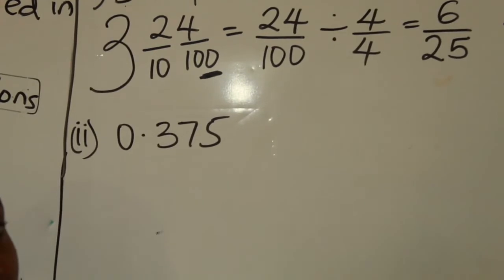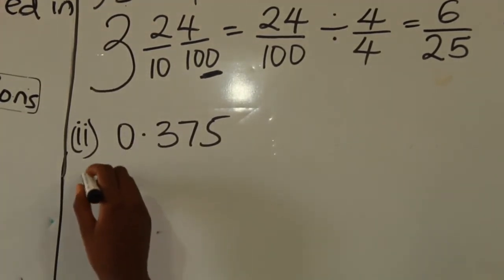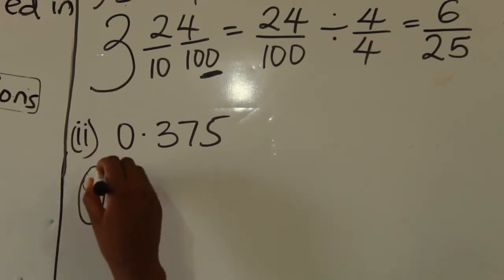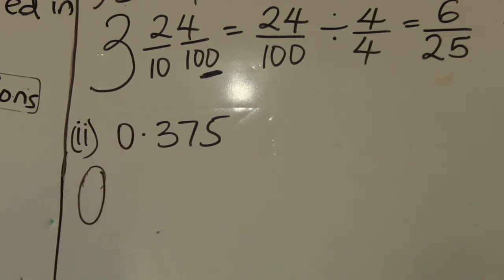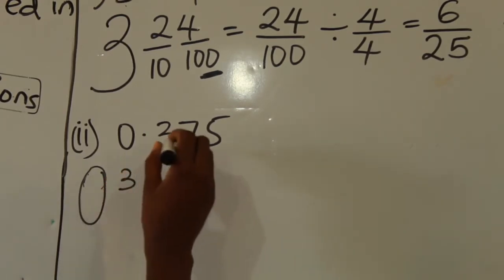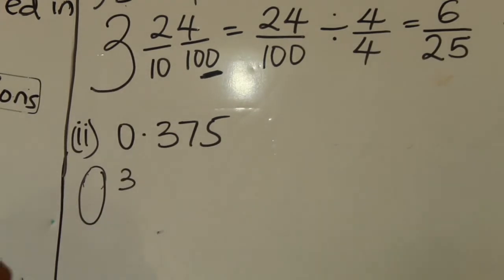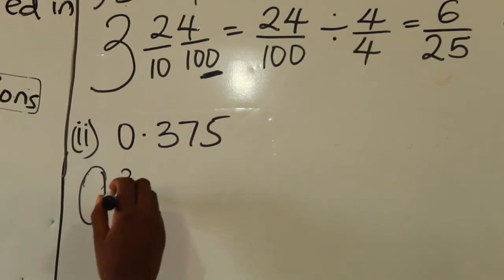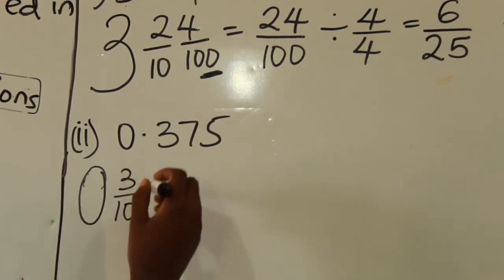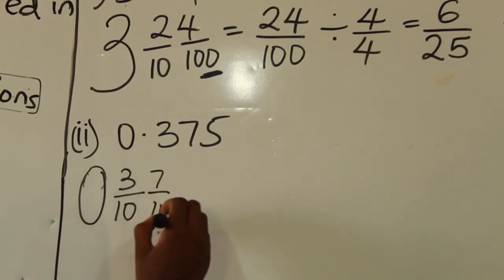0.375. Using our place value system, this 0 is a whole number, and I mentioned that we write our whole number very big. And then next we express each of the digits in their place value. The place value of 3 is 3/10. The place value of 7 is 7/100.